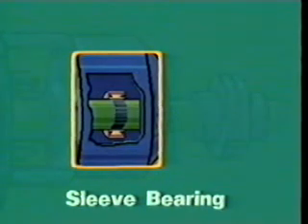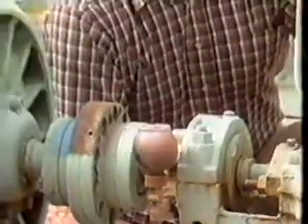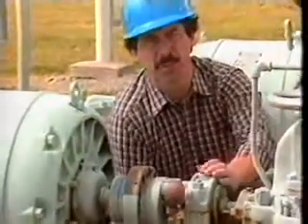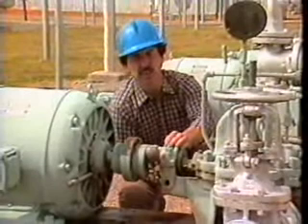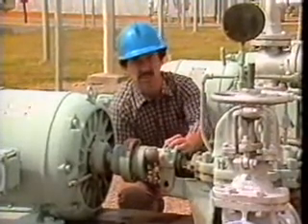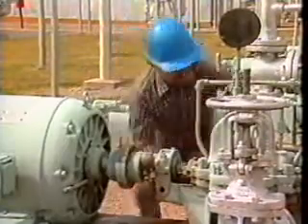The ring oiler transfers oil from an oil reservoir to the pump shaft and the sleeve bearings. It's critical to lubricate bearings properly. Without adequate lubrication, bearings will overheat, rust, or corrode, and sooner or later cause the shaft to seize or stop.